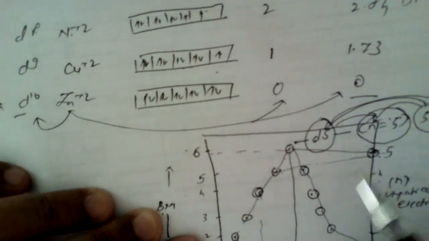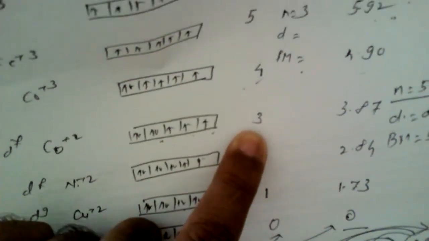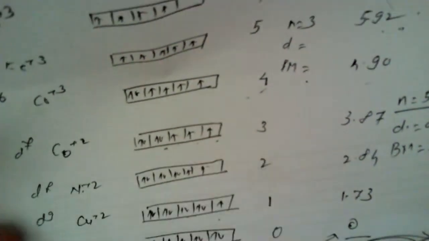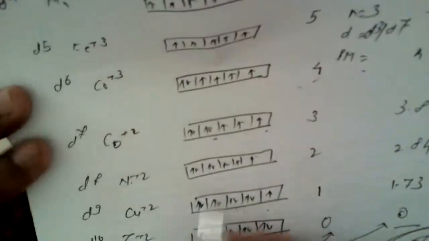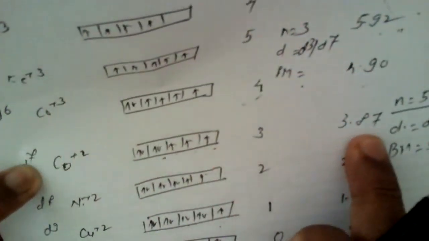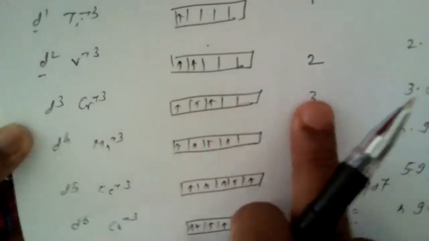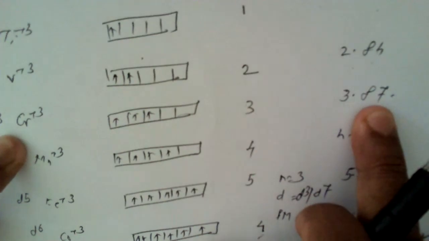So this must be either a d7 case or a d3 case. How is it possible? For the d7 case, there are 3 unpaired electrons and the magnetic moment is 3.87. And for the d3 case, again 3 unpaired electrons are there and the magnetic moment is 3.87.